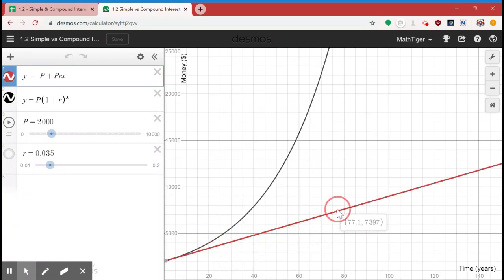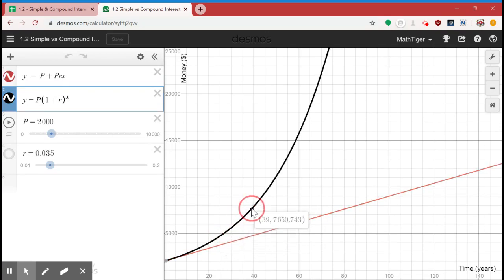And you note that this is constant. This is a straight line because we earn the exact same amount of interest every year. But with our compound interest, this grows exponentially because we continually reinvest the interest and then we earn interest on that interest. So this money just keeps getting larger and larger every year.